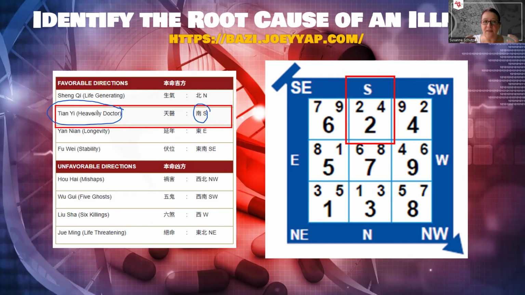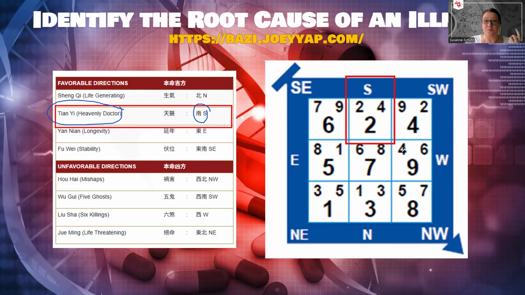Then you need to know what flying stars you have in your south sector. For this, you need to be able to plot the natal chart of your property. This is maybe a little bit advanced, but you can find online how to do this. You must know the natal stars in your south sector.